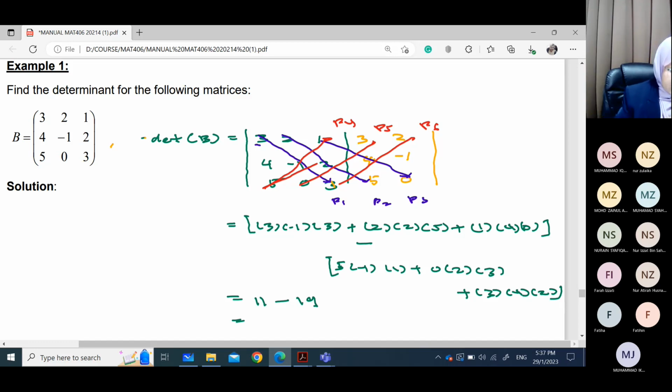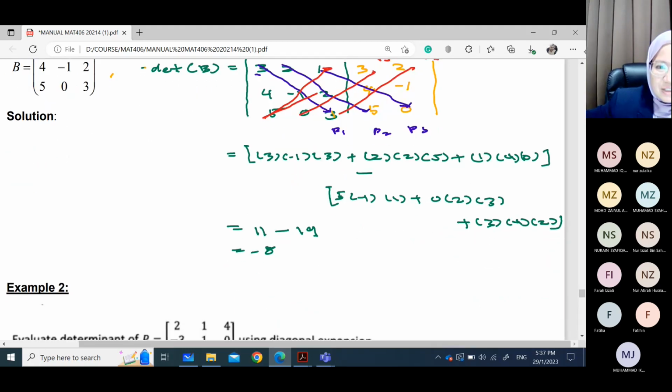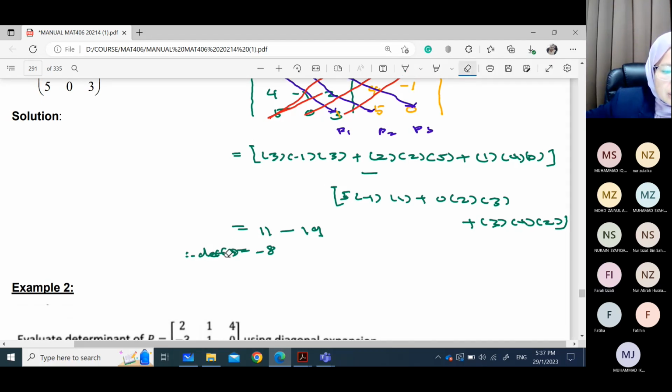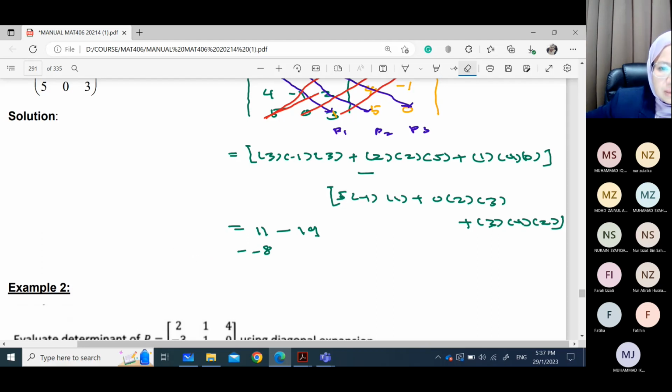Saya dapat 11 minus answer. Saya dapat negative 8. Tuan-tuan dan puan-puan dapat berapa? Negative 8 juga ke? Dapat tak negative 8? Dapat. Okay, so here we can say that determinant A, therefore, determinant A equivalent with negative 8.